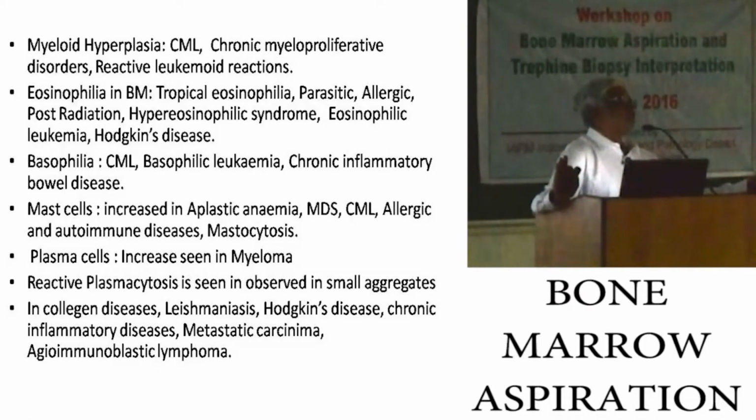And even with immature cells, I had this problem in 2 instances. A young patient having a total WBC count of almost 1.7 lakh with immature cells, what you see in chronic myeloid leukemia.